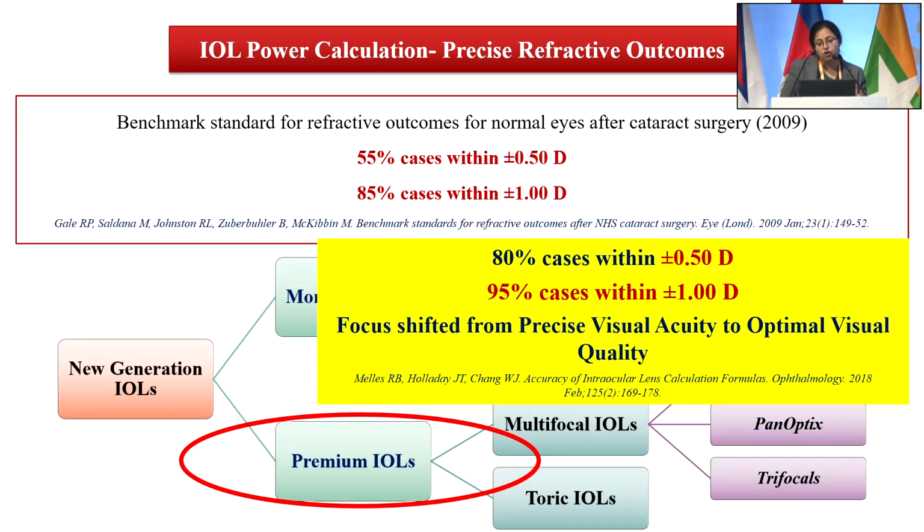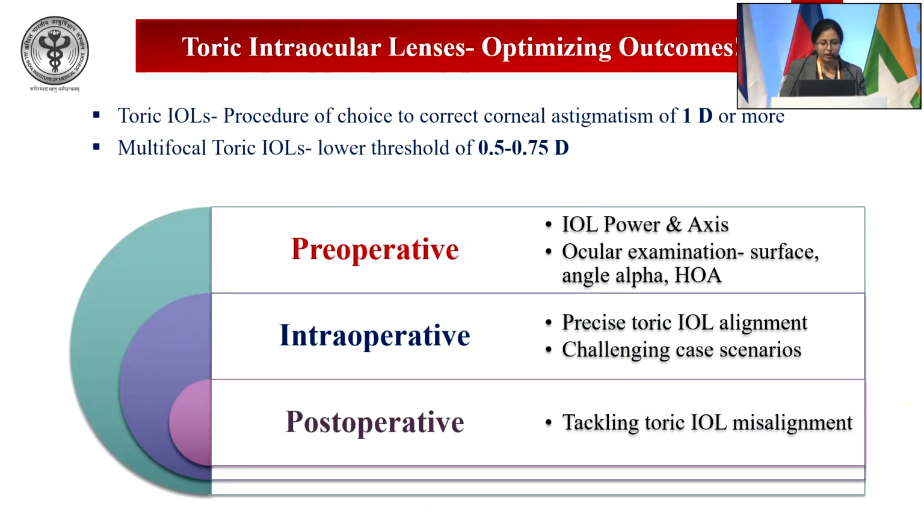To help achieve this, preoperative planning, IOL power selection and choosing the right IOL is very, very important. So toric intraocular lenses are the procedure of choice to correct corneal astigmatism of 1 diopter or more. When you are implanting a multifocal toric, the threshold is much lower, 0.5 to 0.75 diopters, as the patients do not tolerate any residual cylinder.